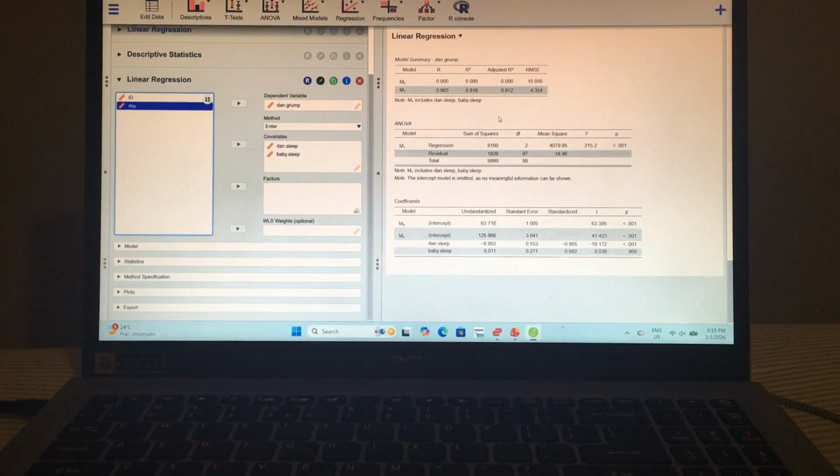So let's continue with the parenthood data set. We're going to look at our example using Danny's sleep, baby's sleep, and prediction of grumpiness. We may be interested in knowing if there is an interaction between Danny's sleep and baby's sleep in predicting grumpiness. So mathematically, this is what our regression model would look like with the interaction effect.